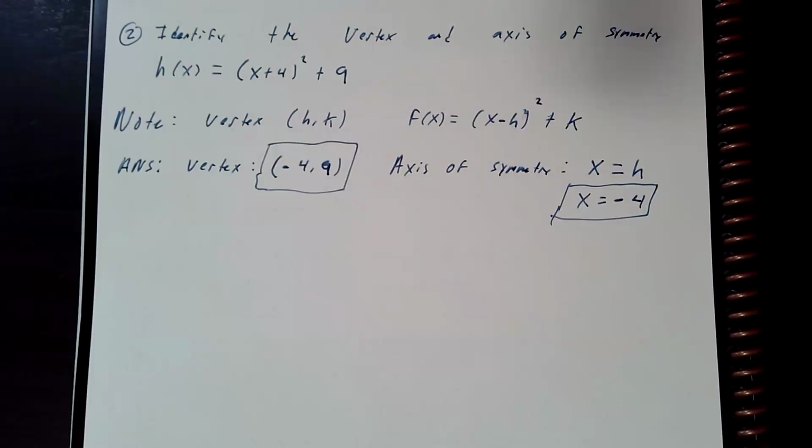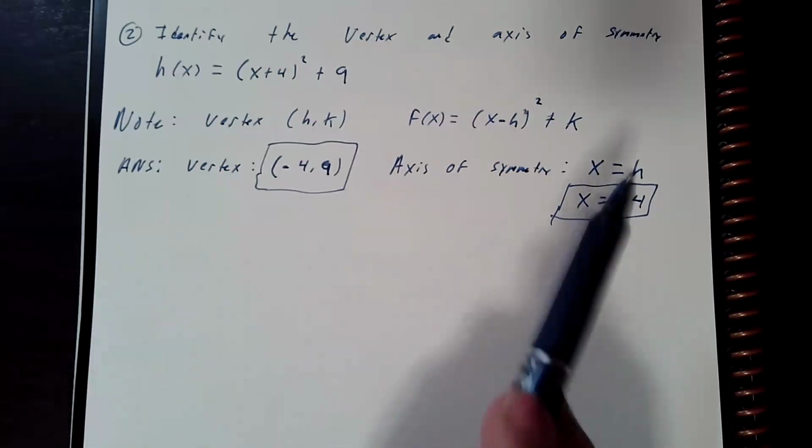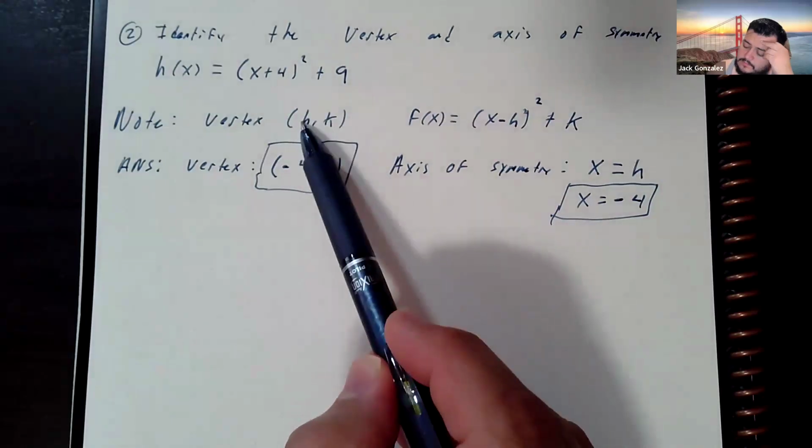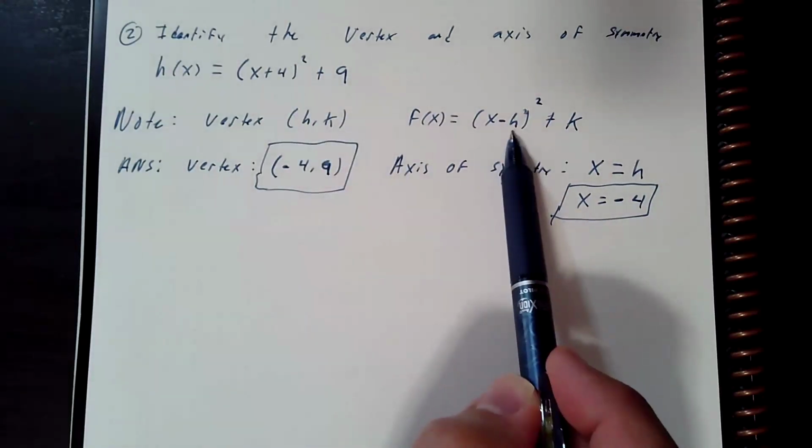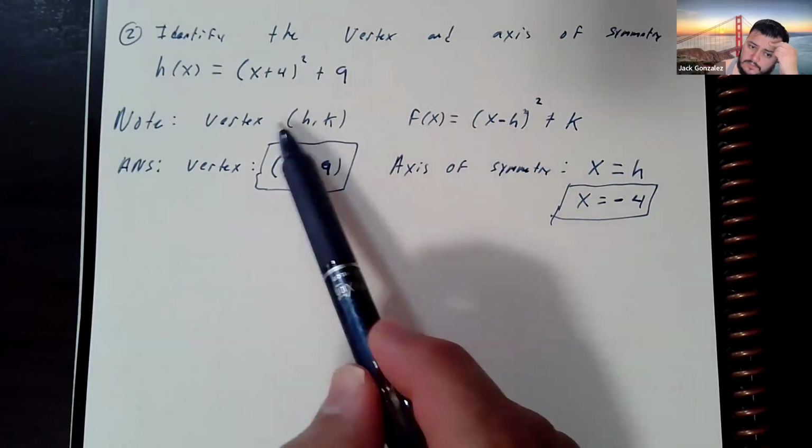The note: vertex h comma k, the h is the 4 and the 9 is the k, right? h will be the 4, but it's always opposite, whatever it is. So if it's negative, then it'll be plus h.